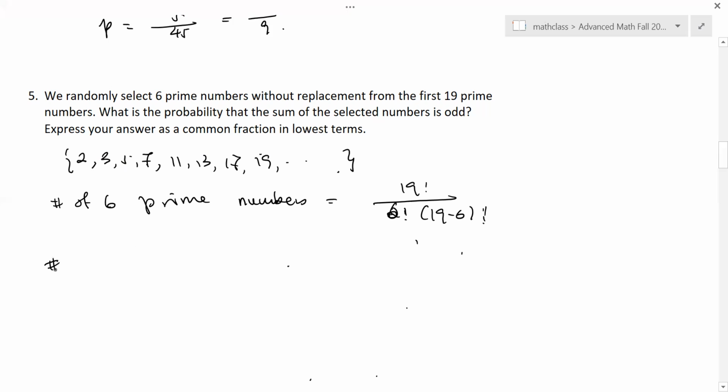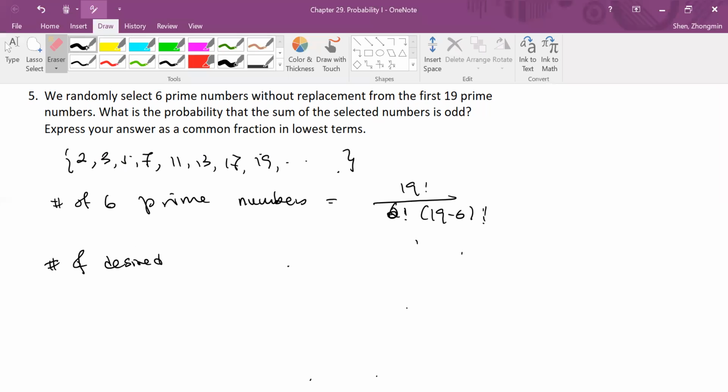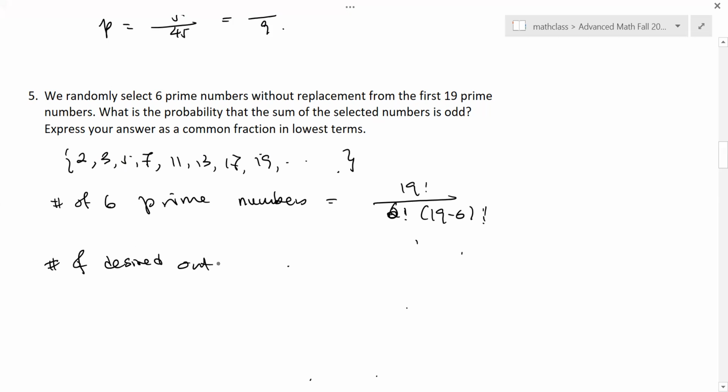So the number of desired outcomes, yeah, that's it. We want to make sure that for this set of primes, the sum is going to be... Okay, think about it.